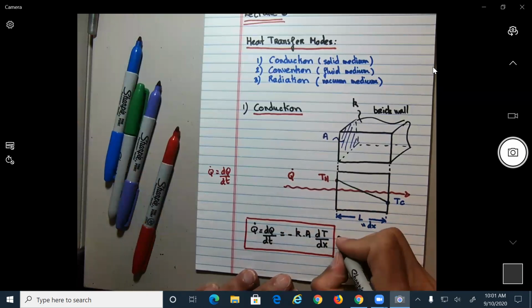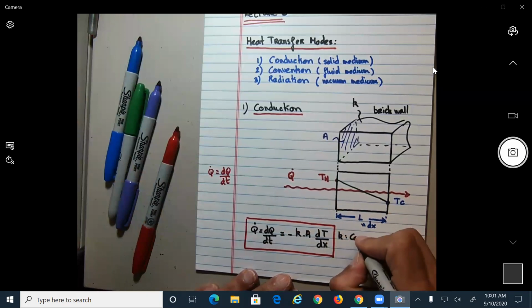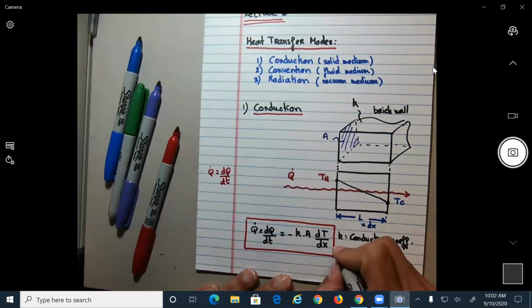Okay, so over here, if you want, K is the conduction coefficient. A will be the exposed area.